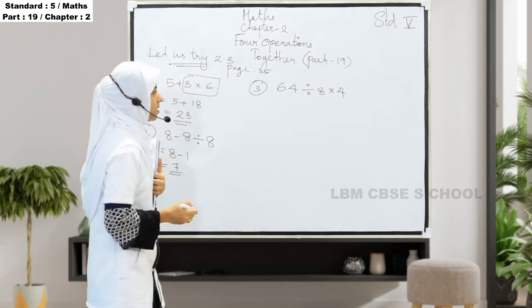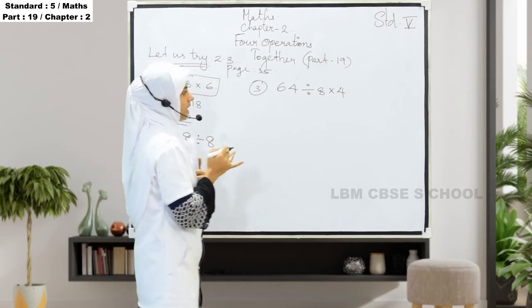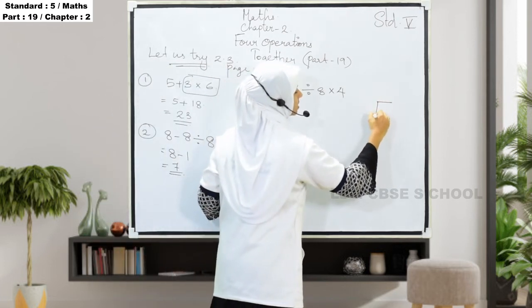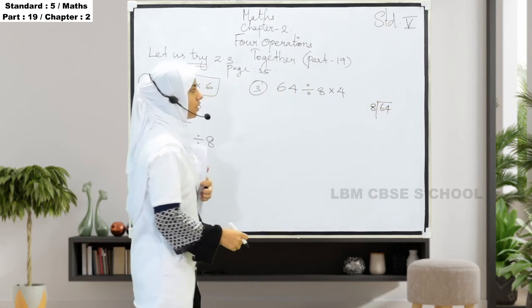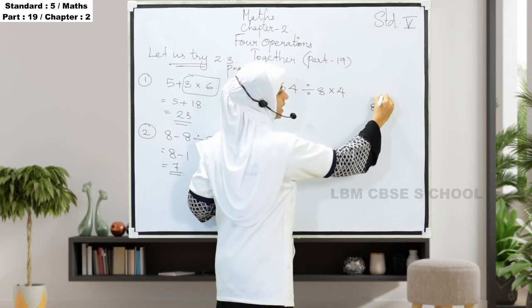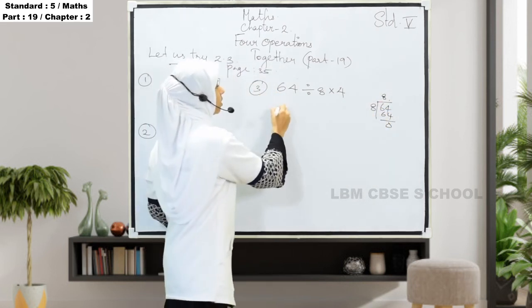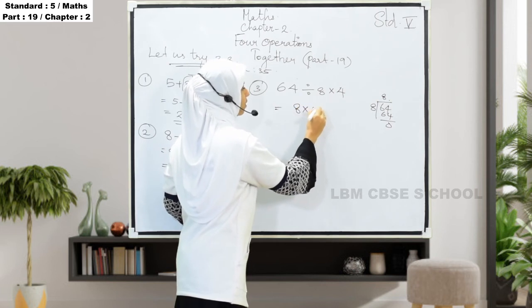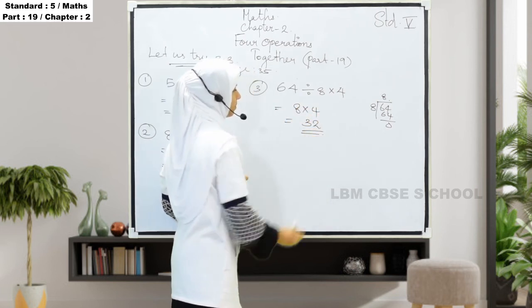When division and multiplication come together in a problem, we have to do division first. So 64 divided by 8. We know that 8 8s are 64. The remainder is 0. The quotient is 8. So 8 into 4. We know that 8 into 4 is 32.